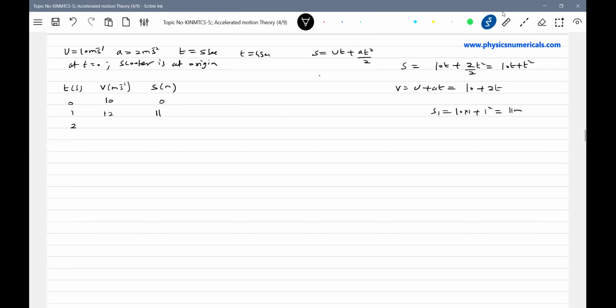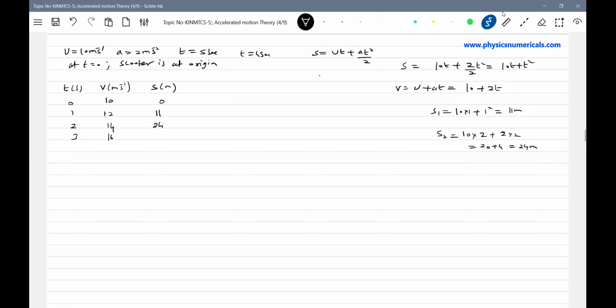Put t equal to 2. So this will be 10 plus 4, 14 it will become. So what about the next position? S2 is equal to 10 into 2 plus 2 square, 24 meter. It will be at 24 meter.